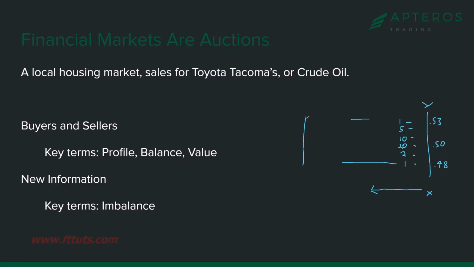So we might have a little bitty block of 1 right here. We might have our block of 5 right here, our block of 10 right here, our 20, as we said, just going by the data we have, 2 and 1. And so there's your profile. And that's what it's going to look like.